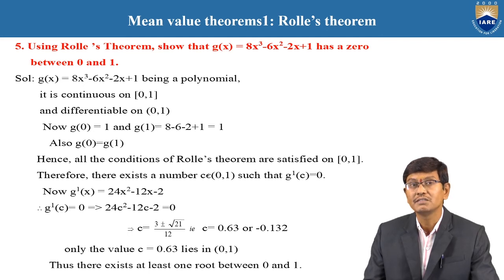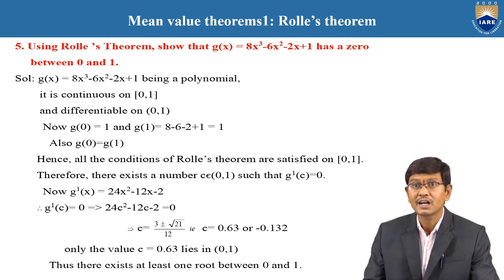By solving this equation using the quadratic ax square plus bx plus c equal to 0, the roots are x equal to minus b plus or minus root of b square minus 4ac, by 2a. With the help of the formula, the values obtained are 0.63 or minus 0.132.